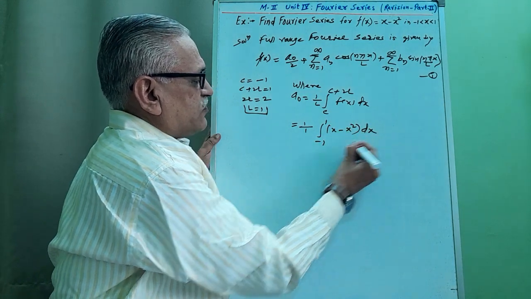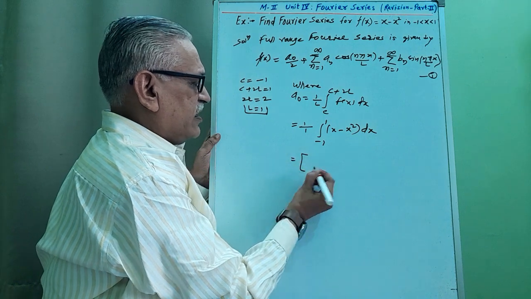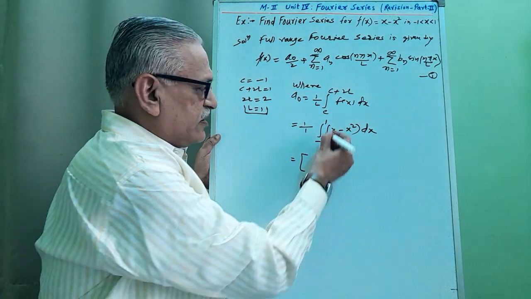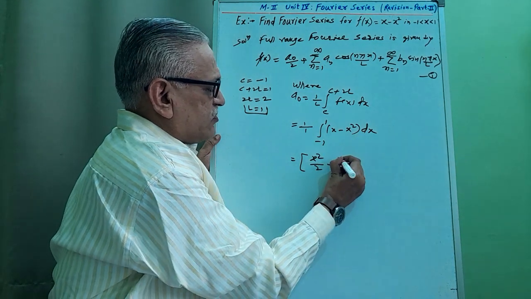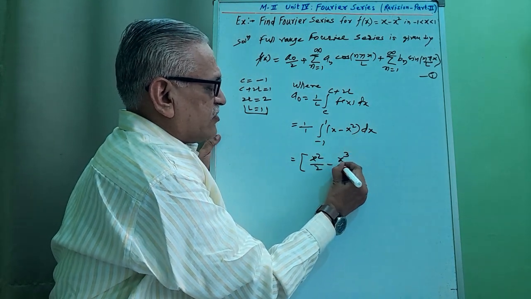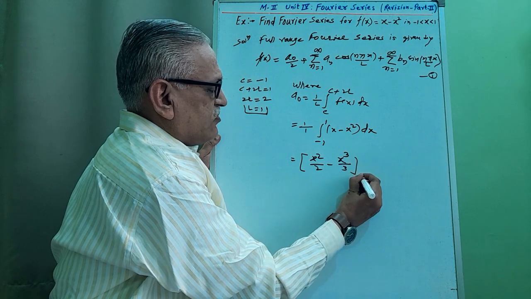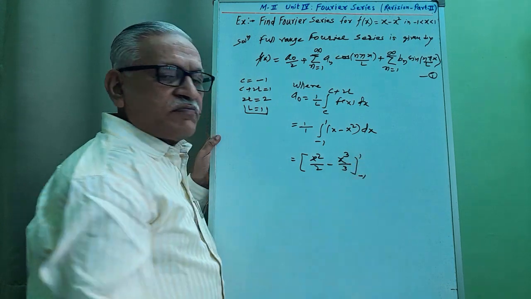Integrating each term with respect to x, integration of x is x square by 2, integration of x square is x cube by 3, and limits from minus 1 to plus 1.